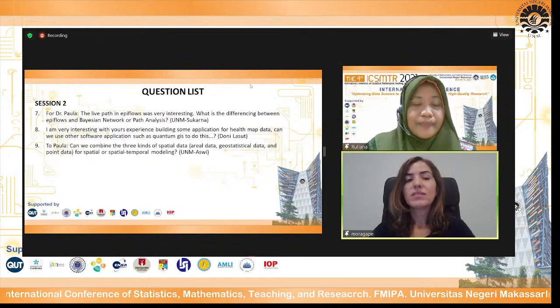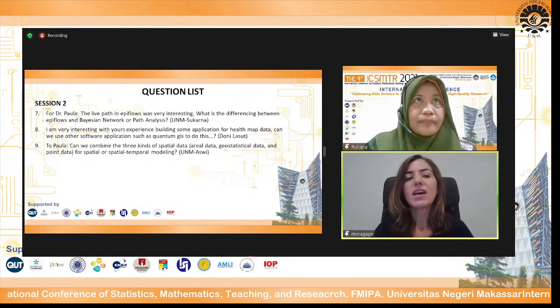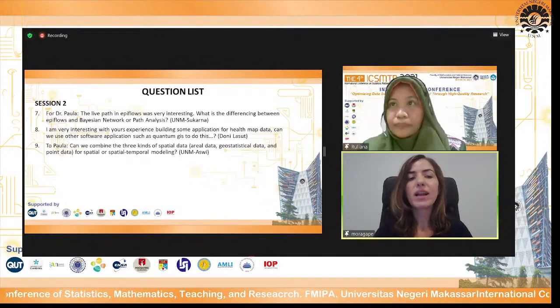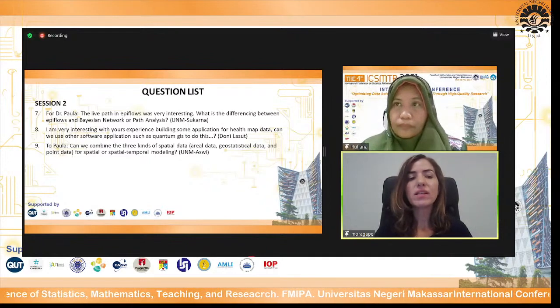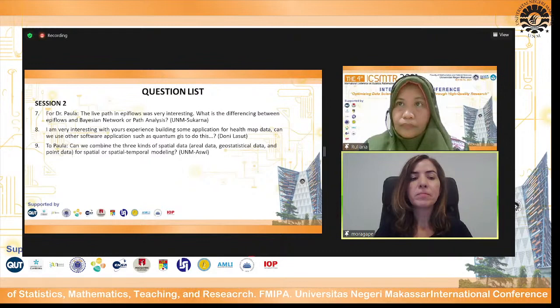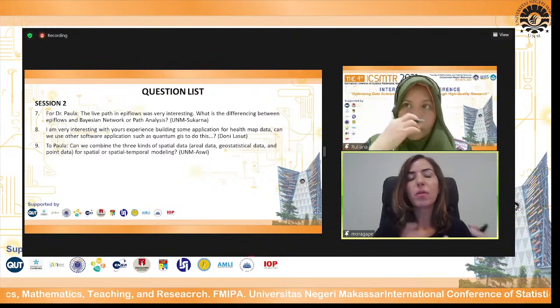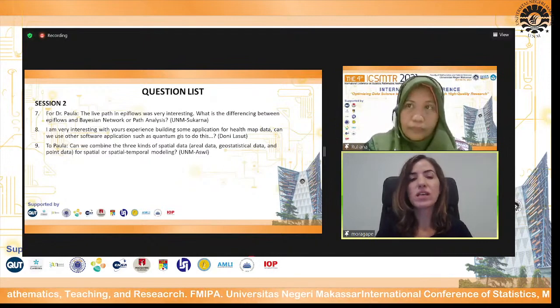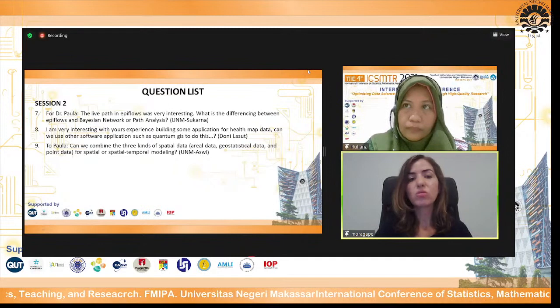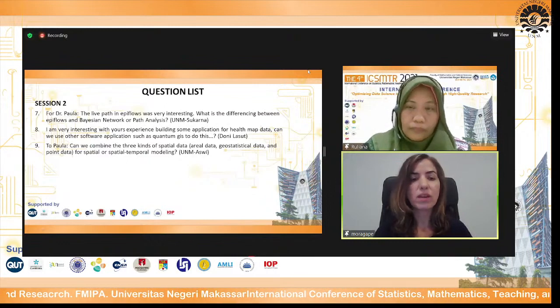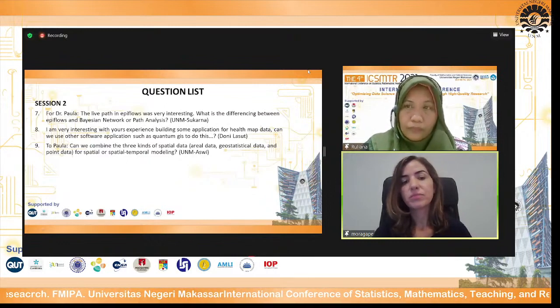Well, EpiFlows is just an R package that implements a mathematical and mechanistic model to predict the number of cases that could be spread to other locations from an infectious location. It uses equations that model this spread due to travel. So it's fitted in a different way. It doesn't have anything to do with Bayesian networks.